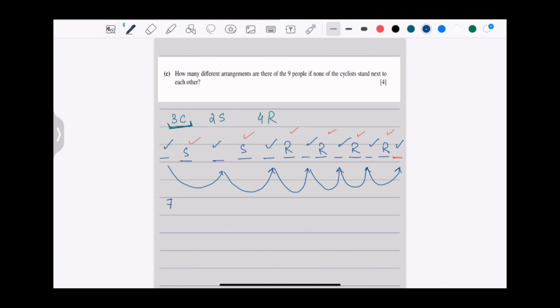So 7C3 times 3 factorial, because those cyclists can also shuffle, times the rest of all the people, the swimmers and runners, they can shuffle within themselves. So this is 1, 2, 3, 4, 5, 6 times 6 factorial. They are shuffling within themselves as well.